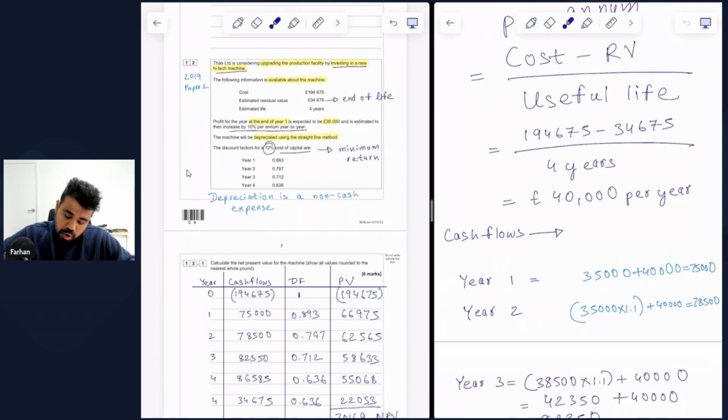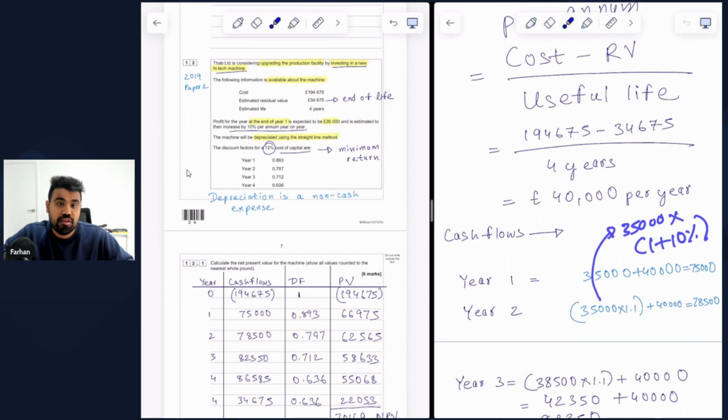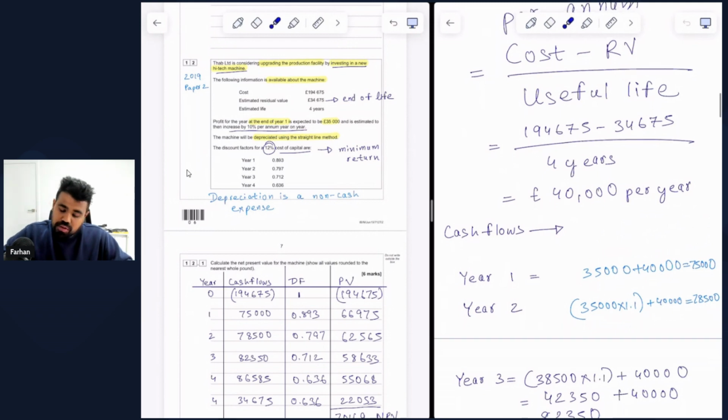This can also be written like something like this: 35,000 times 1 plus 10%. So that is the same thing as writing 35,000 times 1.1. And because you are in A levels, I've written 35,000 times 1.1 straight away. Then we are adding the depreciation expense again, which is supposed to be constant every year because we're using the straight line method. And that gives us a total cash flow for year 2 to be £78,500.